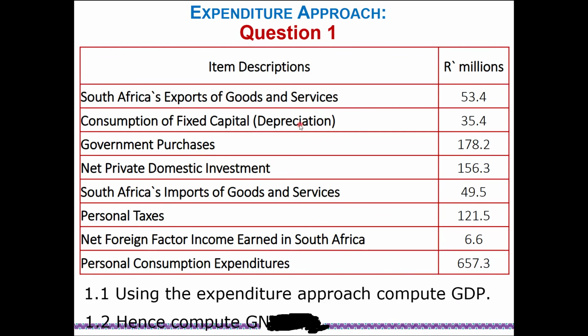And in the income method, it is also added as depreciation, right? So don't be confused when you see this in the income method and also see it being added in the expenditure method, because this is consumption of fixed capital.